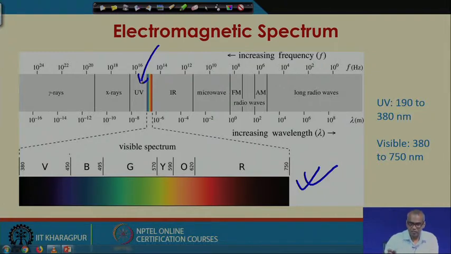Note that the wavelength increases in this direction. So, UV has shorter wavelength compared to visible light. So, the UV spectrophotometer or UV spectroscopy will make use of light whose wavelength falls in the region of UV or ultraviolet and visible region.